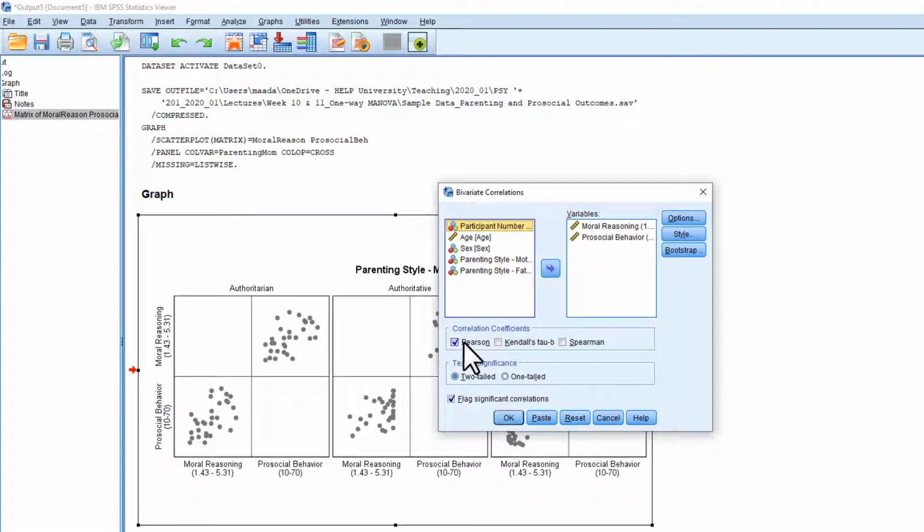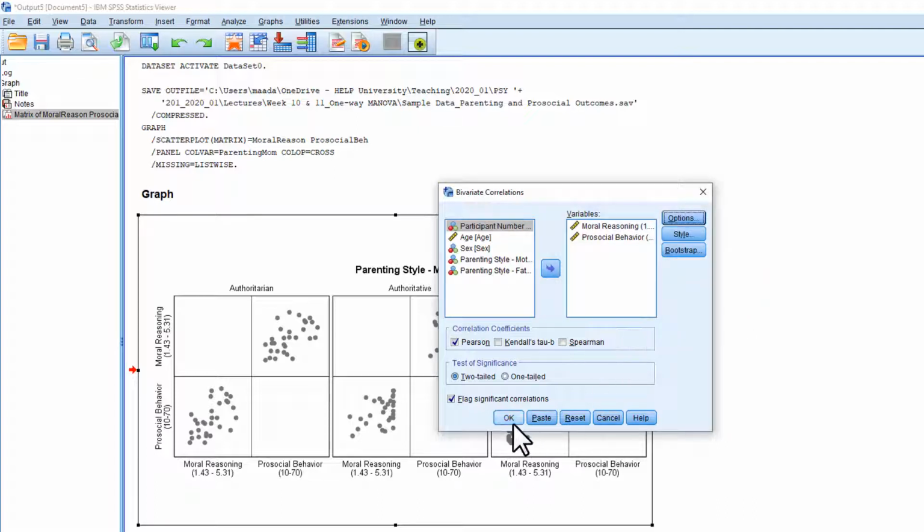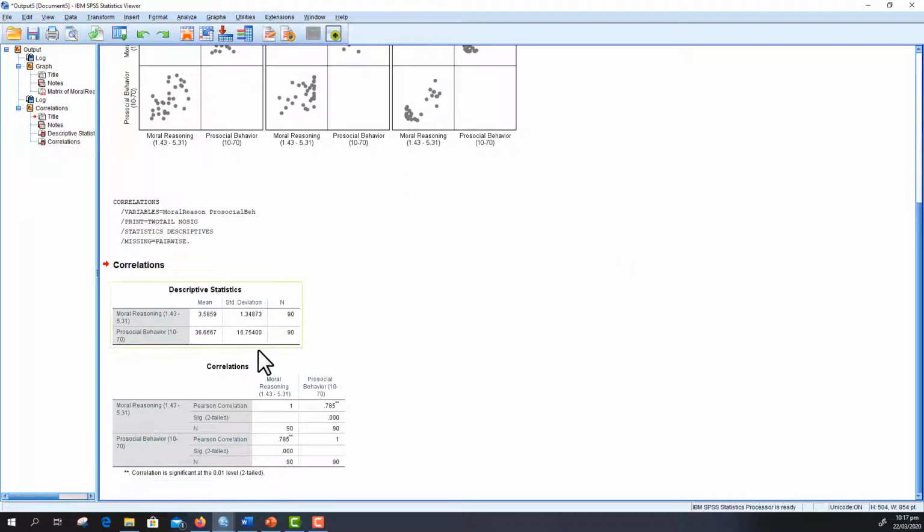We select Pearson's. Actually, that's already pre-selected. And then we can also have the means and standard deviations. Essentially, there's not much that needs to be changed. Click OK. And then you have here the correlations.